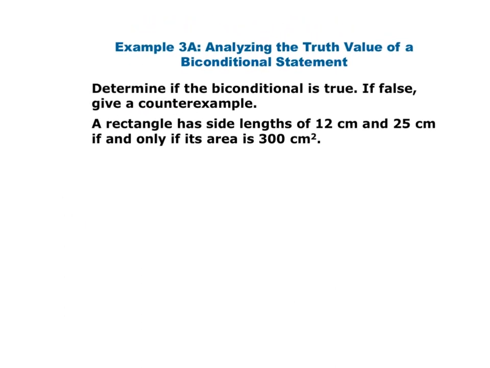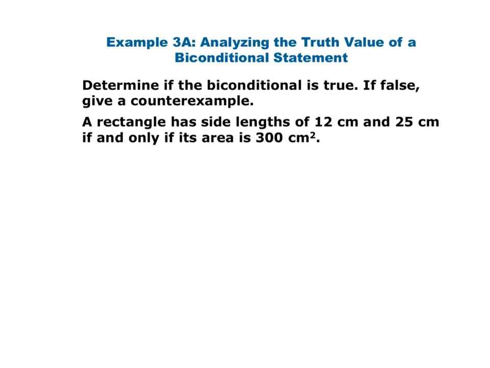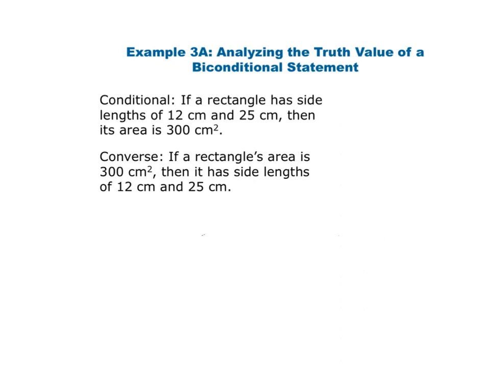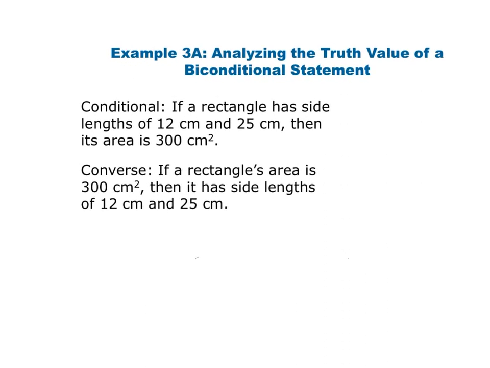Determine if the biconditional is true. If false, give a counterexample. A rectangle has side lengths of 12 centimeters and 25 centimeters if and only if its area is 300 centimeters squared. So let's look at the conditional and the converse. The conditional states, if a rectangle has side lengths of 12 centimeters and 25 centimeters, then its area is 300 centimeters squared.